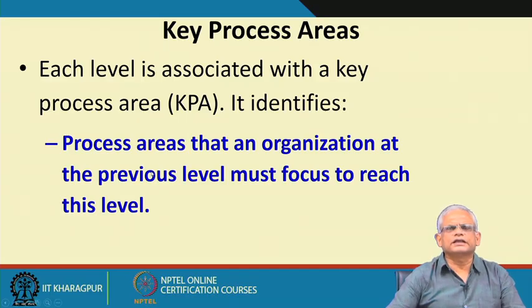These are the process areas that an organization at some level must focus on to reach the next level, or let us say level 3 KPA identifies the process areas which a level 2 organization must focus on to reach the third level.